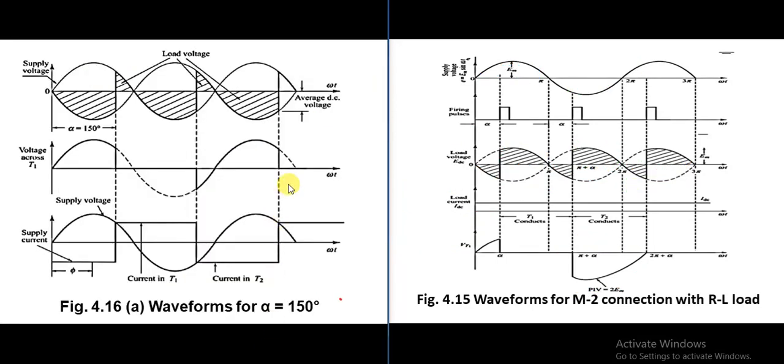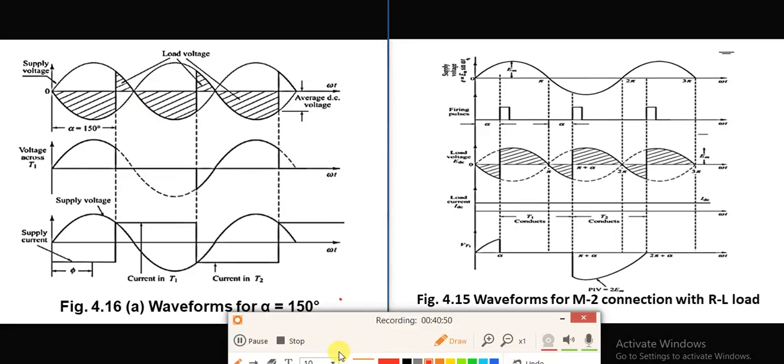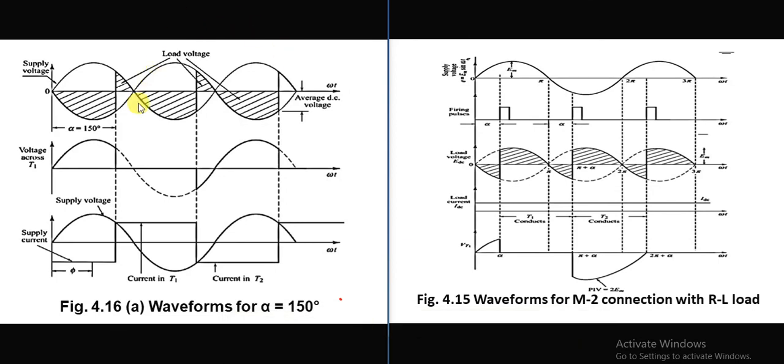Now we are comparing when alpha is equal to 150 degrees. Here we will get the output. Here alpha is around 150 degrees, so we are getting the maximum negative voltage. Alpha here is less than 90 degrees, maximum positive voltage.